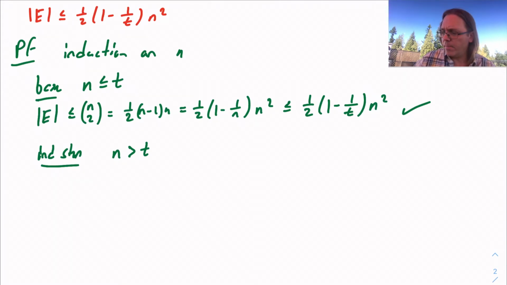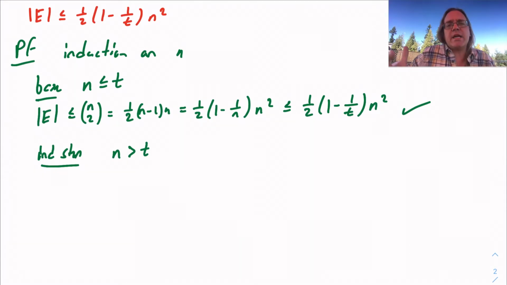Now I'm going to make another simplifying assumption. I claim that we can freely assume that our graph has a clique of size t. Remember, our basic assumption is that there's no clique of size bigger than t.